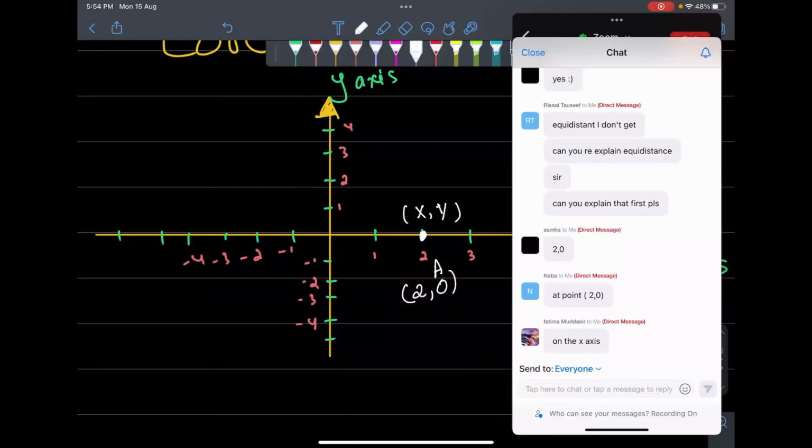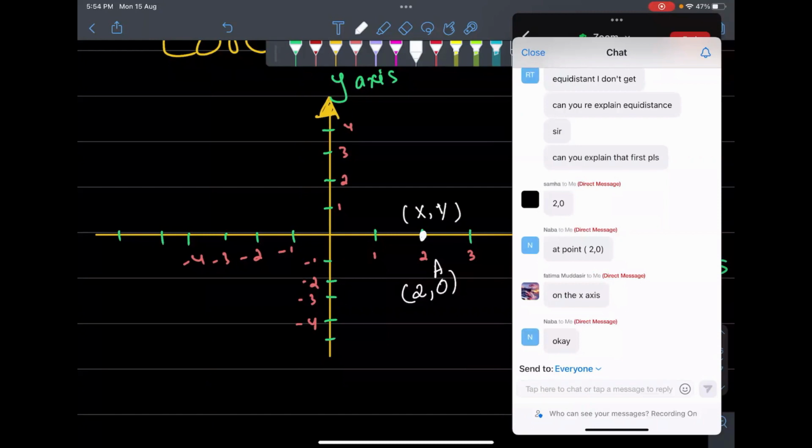Similarly, if I talk about this coordinate, again, this is on what? X-axis. So its x will be the given value, -4, but its y will be 0. Now, if I come to any coordinate on the y-axis, so again, this has x or y, but it is on the y-axis, so its y will have the value that is written.